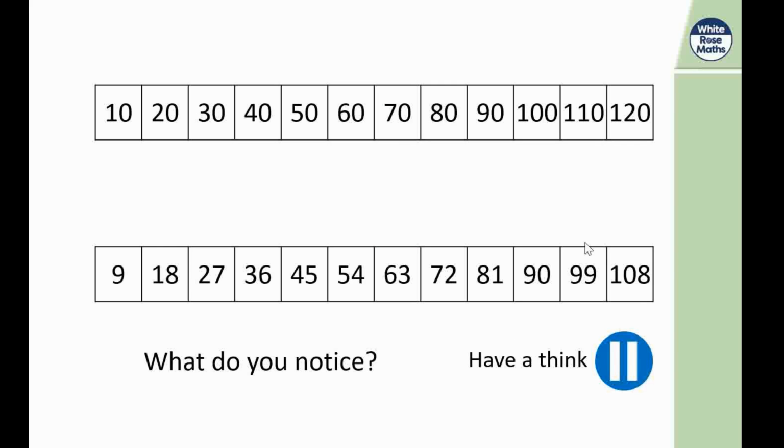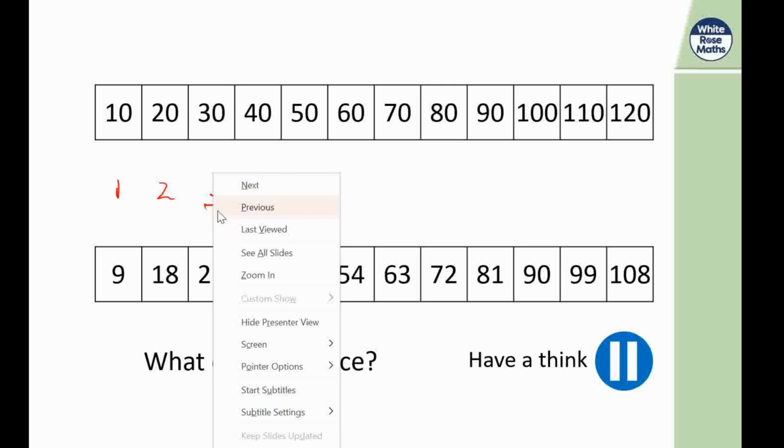I suppose they want to know what the difference is, maybe. So let's have a little look. What is 10 minus 9? 1, so 1 is the difference. What is 20 minus 18? 30 minus 27. Do you see the pattern?